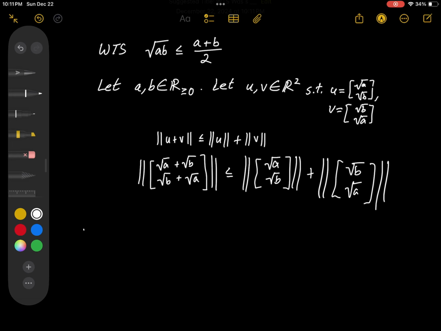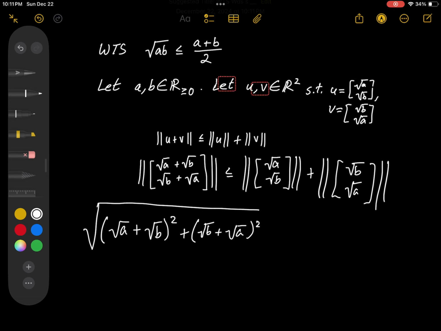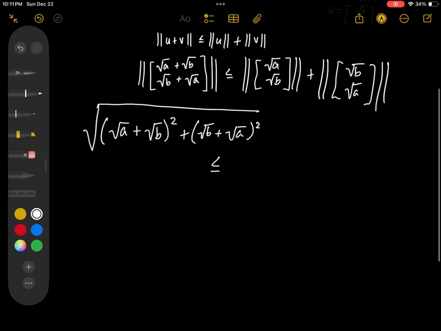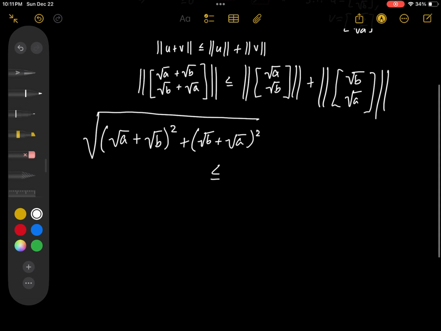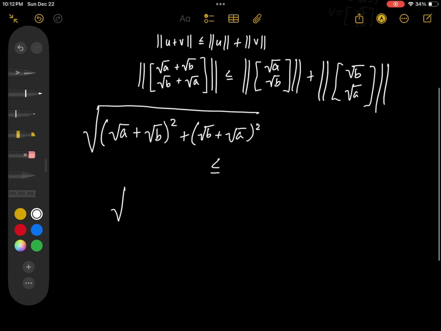So we would get square root of square root of A plus square root of B squared plus square root of B plus square root of A squared, all within the square root. And then that should be less than or equal to, and I'll write this down below, square root of square root of A squared plus square root of B squared.